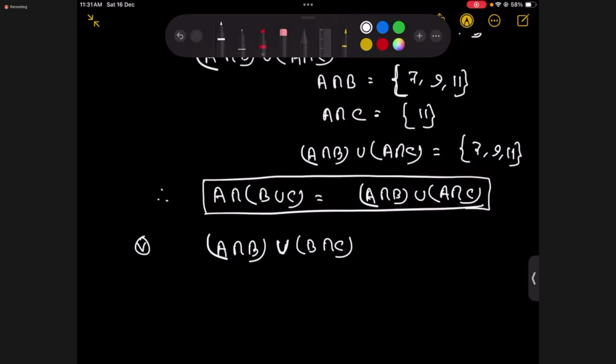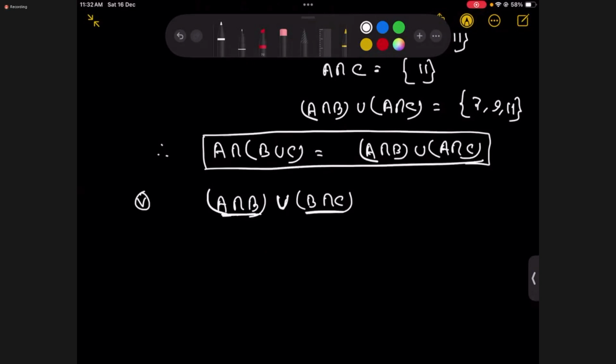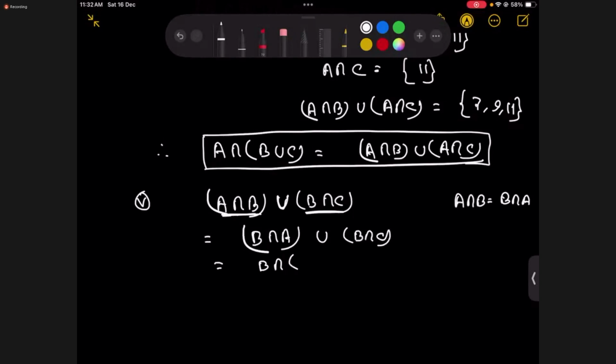Here the first element is A intersection B and the second element is B intersection C. So we can apply the distribution law here by just using the property that A intersection B equals B intersection A. So this thing can be replaced as B intersection A union B intersection C, which gives B intersection A union C.